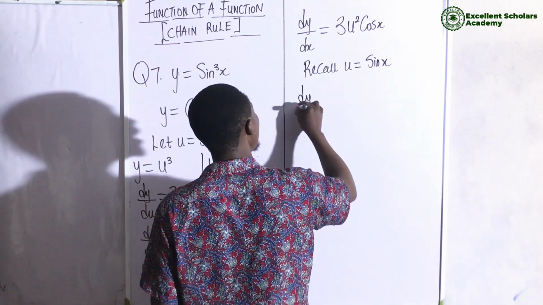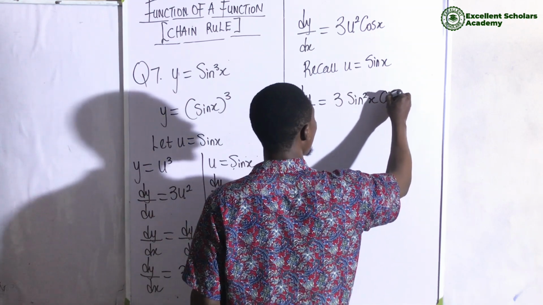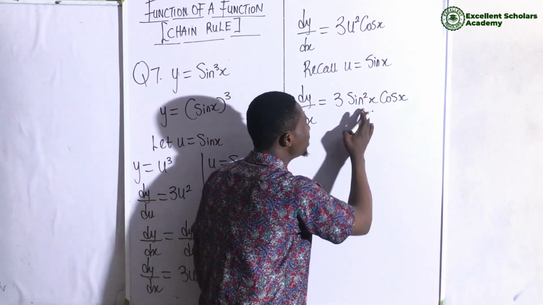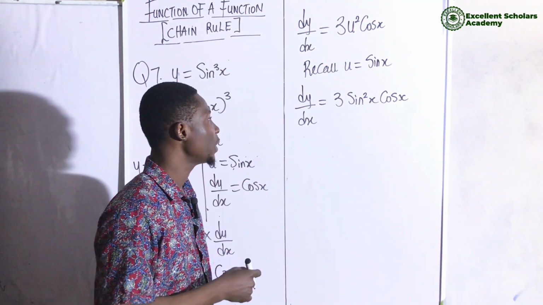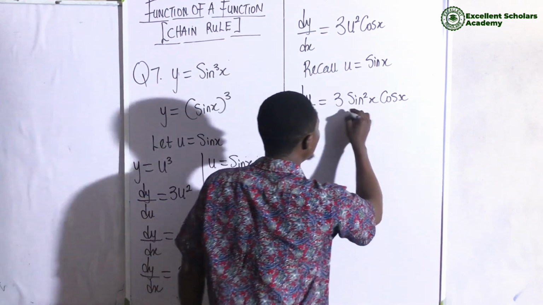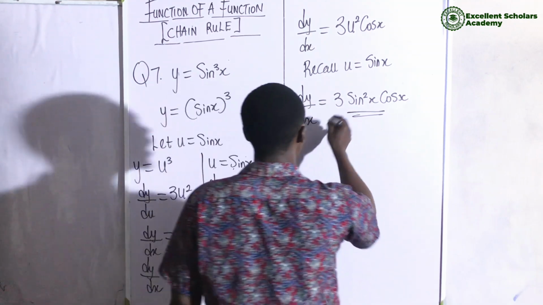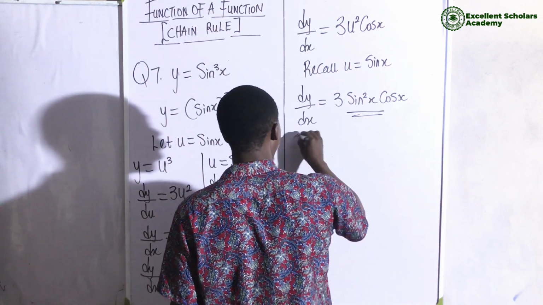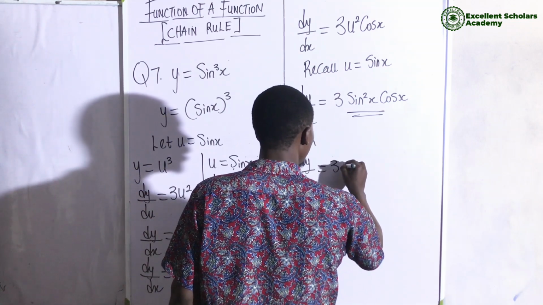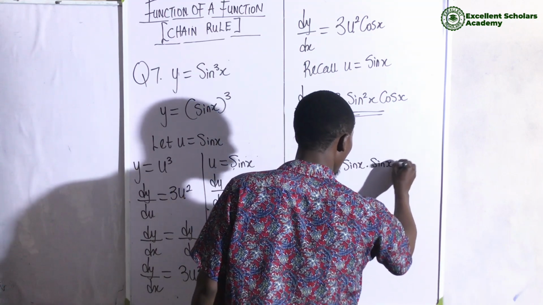So this becomes dy/dx equal to 3 sine squared x cos x. Now, this is an answer, but this can also be further simplified. I can also write this as dy/dx equal to 3 sine x multiplied by sine x cos x.